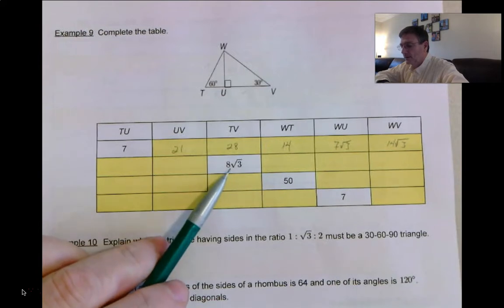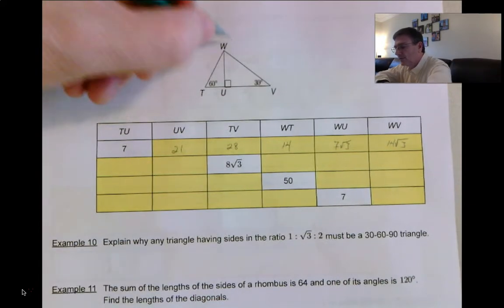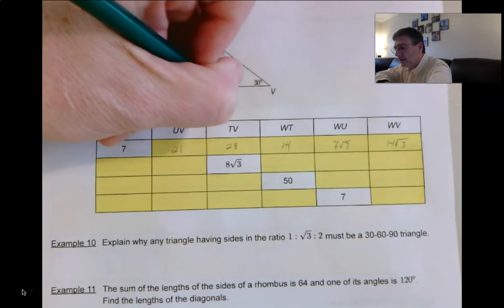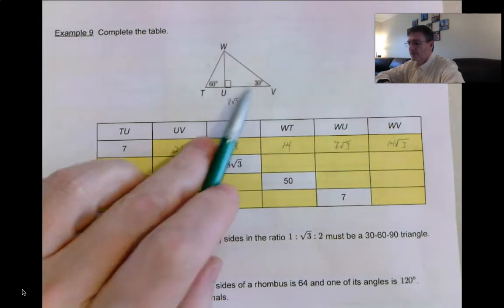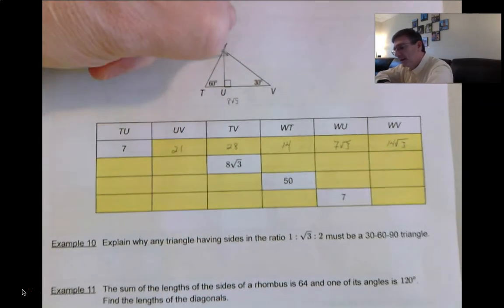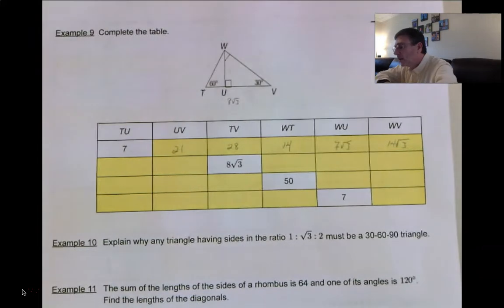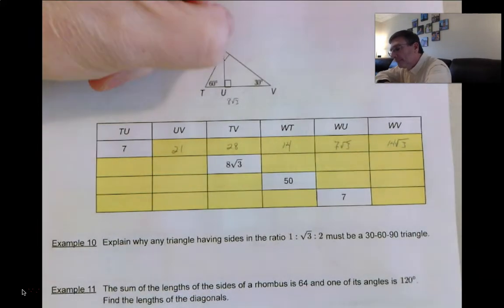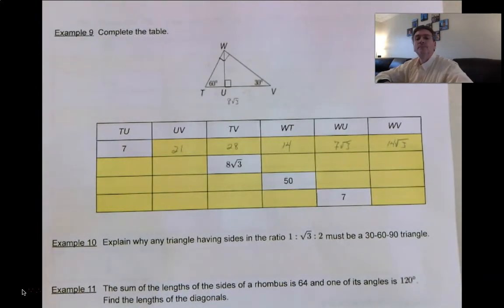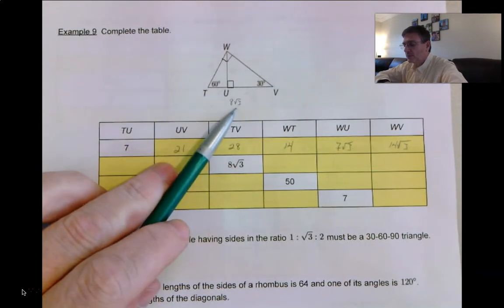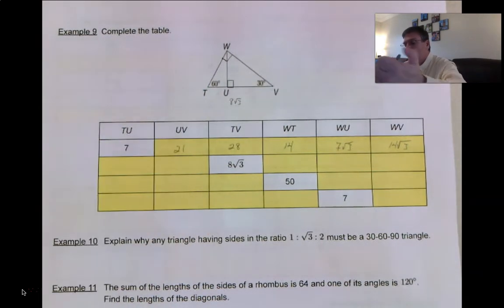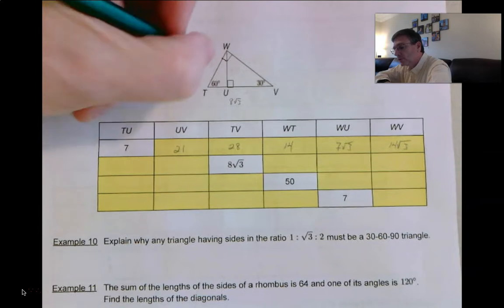So 8 square root 3 for TV. If this is 30, if this is 60, this has to be 90 in here. Okay, making this the hypotenuse, 8 square root 3, making this the short leg, making this 4 square root 3.